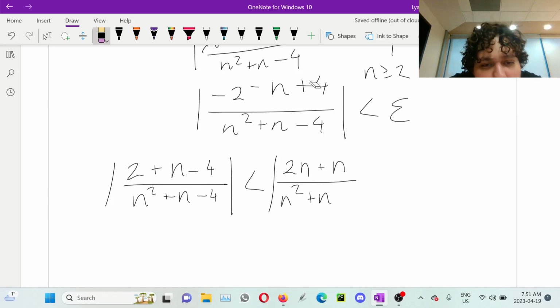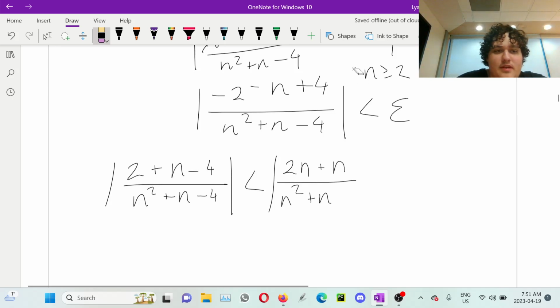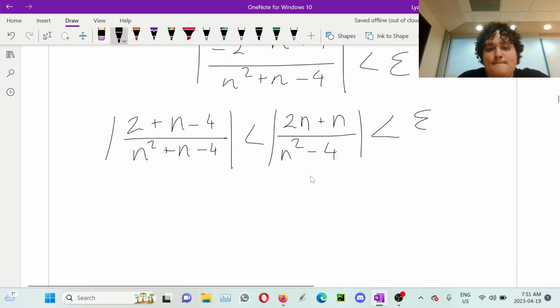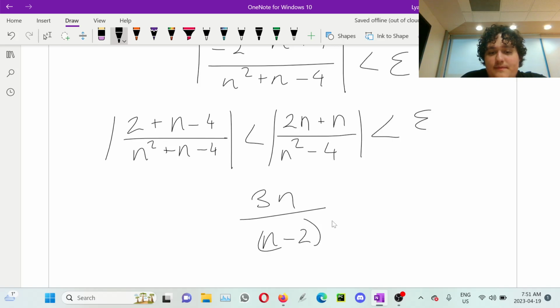Need to make the denominator smaller. You can just say n squared minus 4 maybe. Right? So now I have 3n over n minus 2, n plus 2.